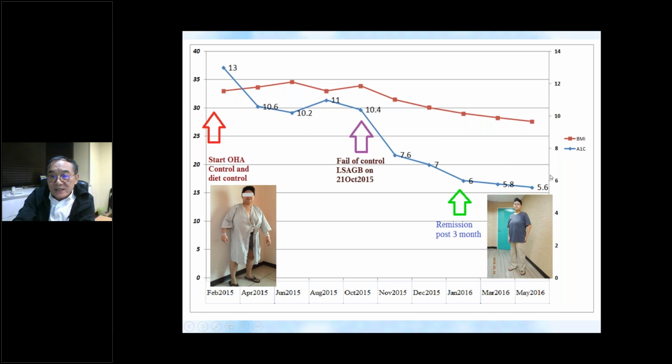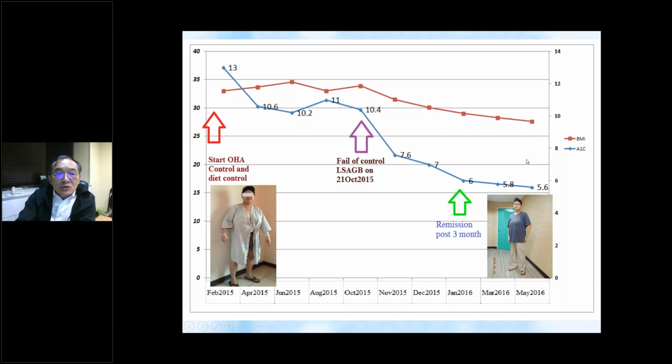And up to now, it's already 3 years, she is still maintained in complete remission of the diabetes. But what should we do for this patient? We have provided her better glycemia control, but do we really reduce her long-term mortality? And we must say we don't have the evidence now.